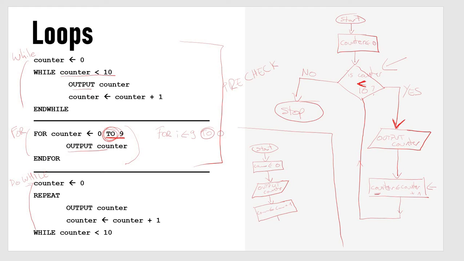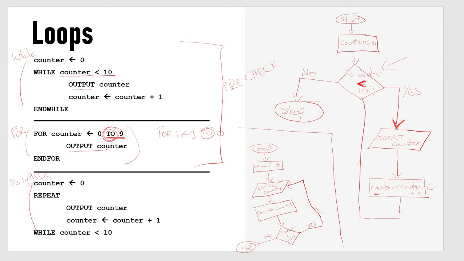Then at the end of this you would have the check, which is going to be the same check, is counter less than 10, like so. If it's a no, then we're going to stop the program, but if it's a yes, then the program will repeat this action as well.